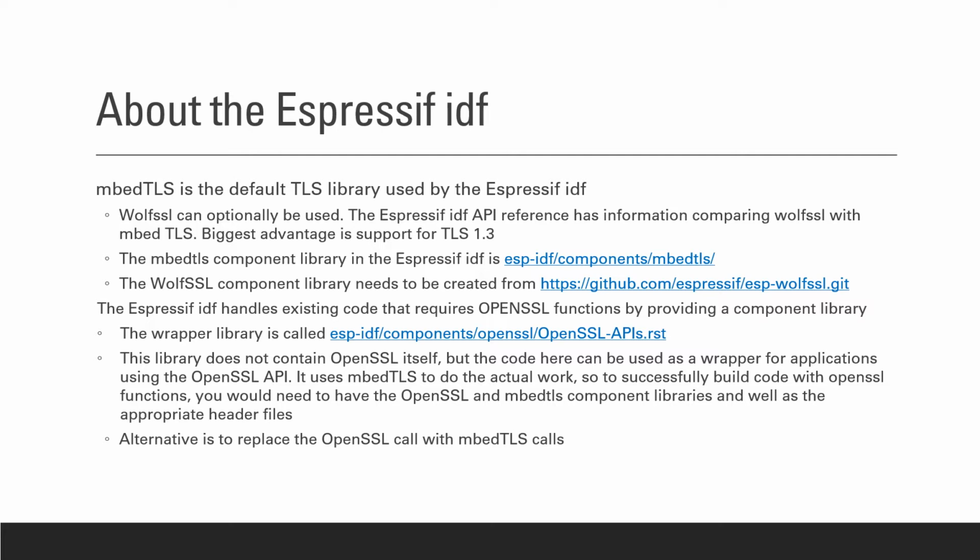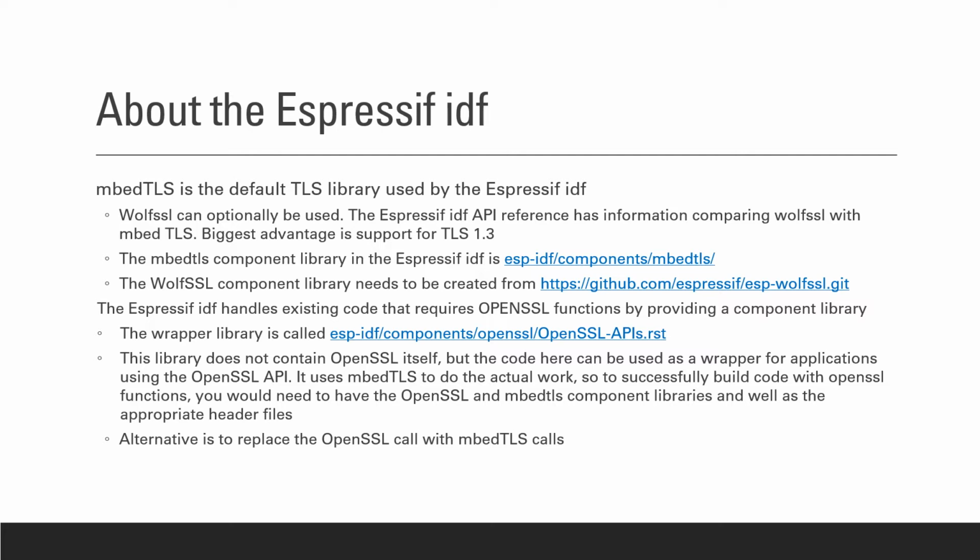The mbed component library is shown in components mbedTLS, and I think you'll see that in the demo, and you can download the Wolf SSL from GitHub. The only reason we're using mbed here is it's the standard that Espressif has used for their default.